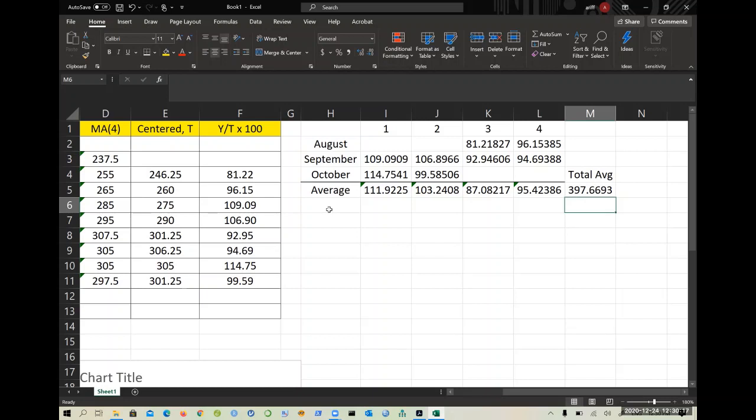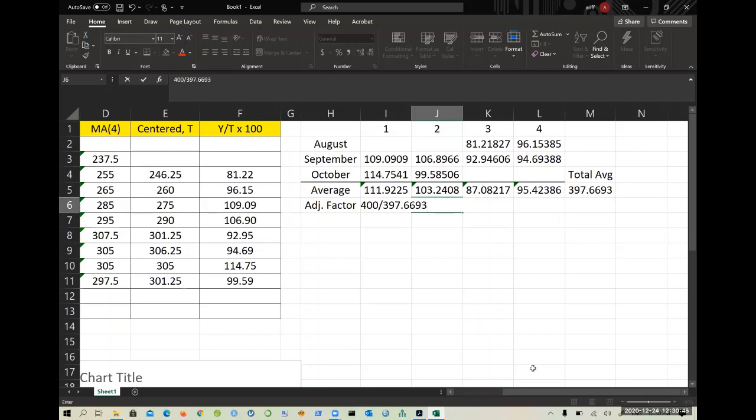So that means you need to come up with an adjustment factor. So you calculate the adjustment factor. The adjustment factor is simply taking 400, because that is what you want, divided by 397.6693.